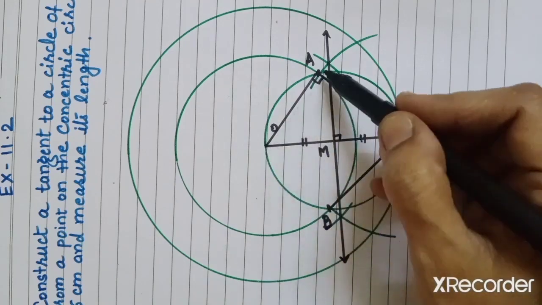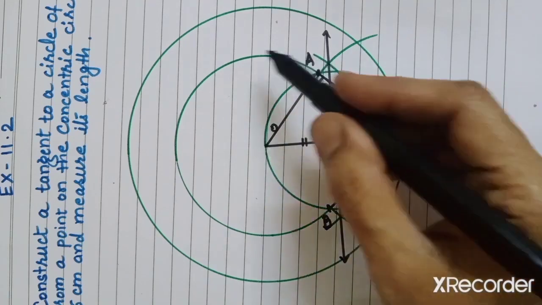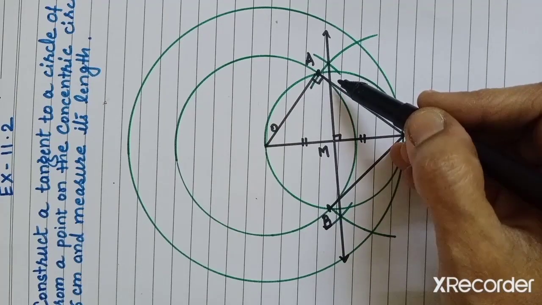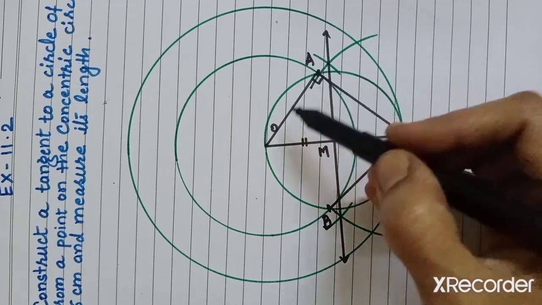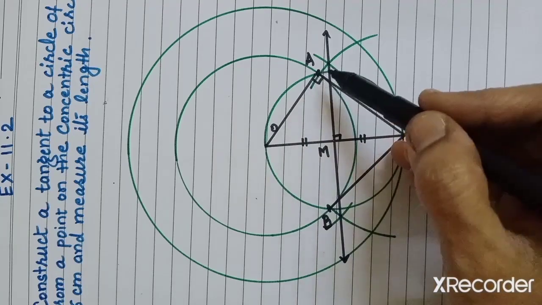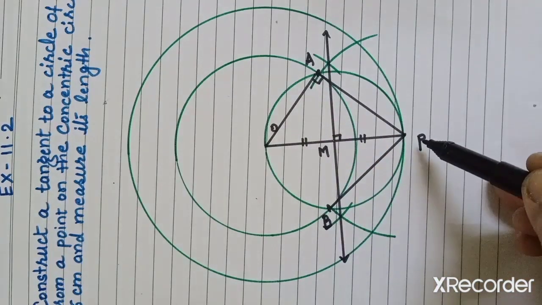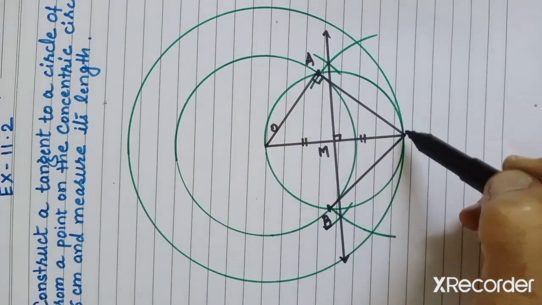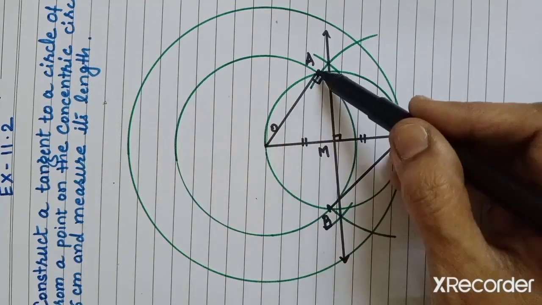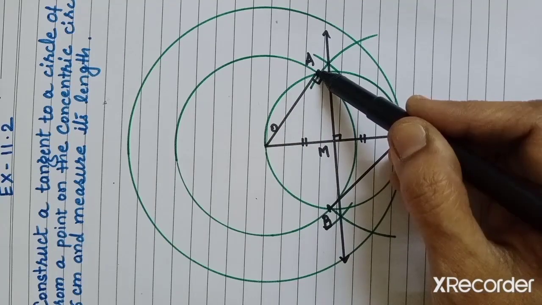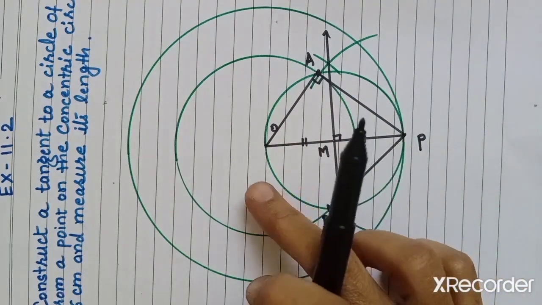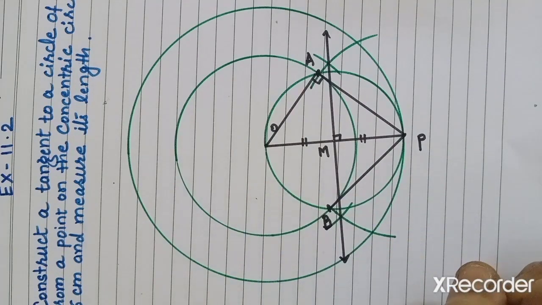But this OA distance is nothing but the radius of this inner circle, the 4 centimeter circle. So this radius is perpendicular to AP, and we have seen the theorem that a tangent is perpendicular to the radius at its outer end. So what does it mean? AP is a tangent to this inner circle. So this is the justification.